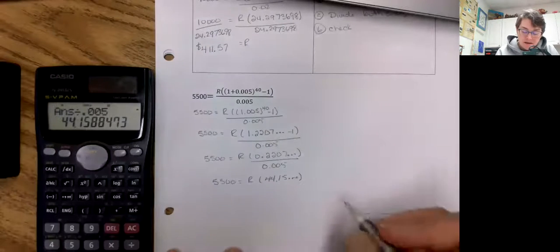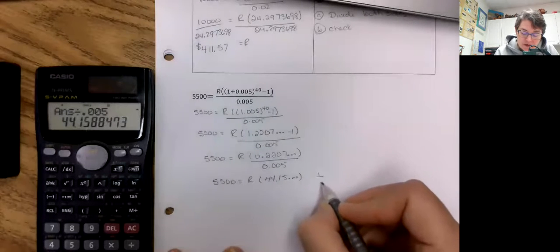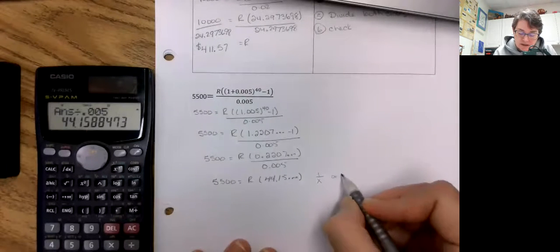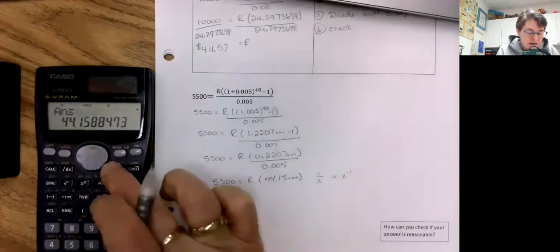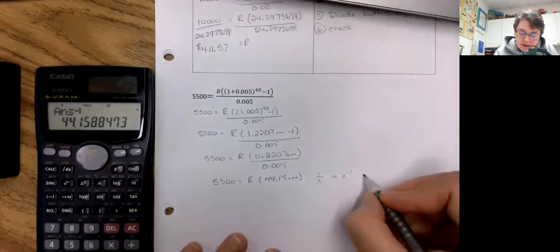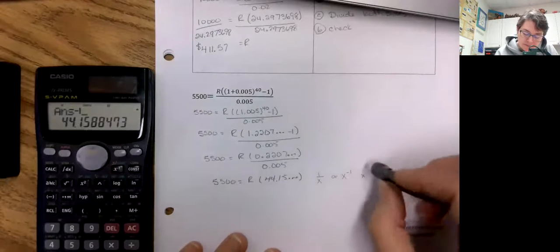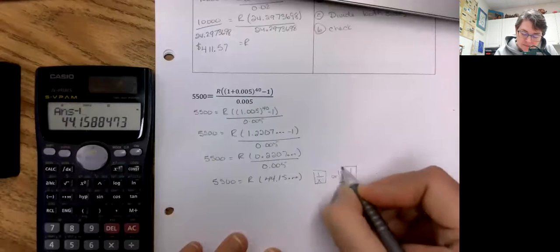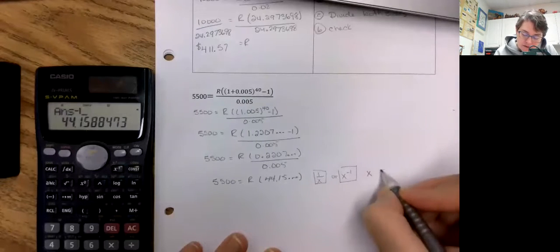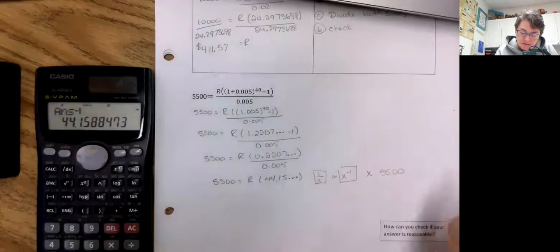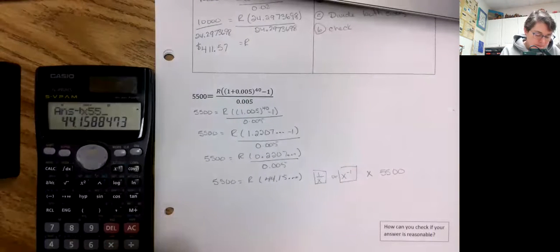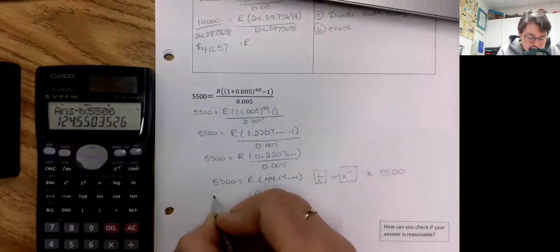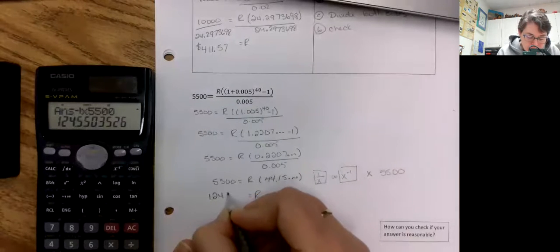I got the 44 on there, and I'm going to hit that key, and then multiply times the 500. And you get R is going to be 124.55.